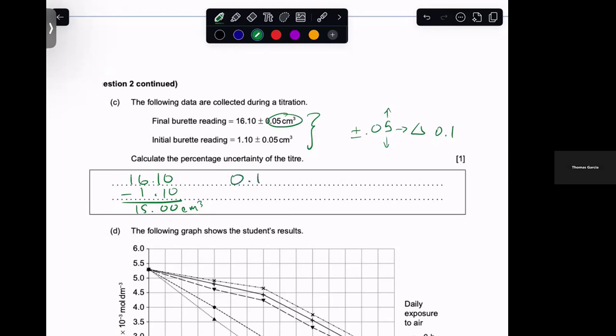So we have 0.1 divided by 15.0, and we get 0.0067, repeating. So we multiply by 100 to get a percentage, and we get 0.67%.